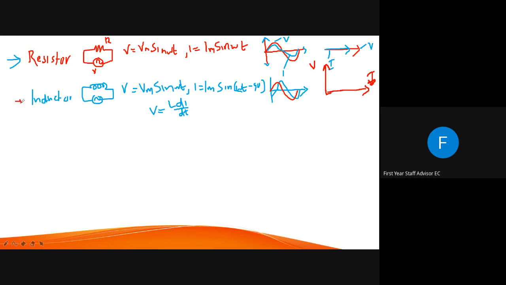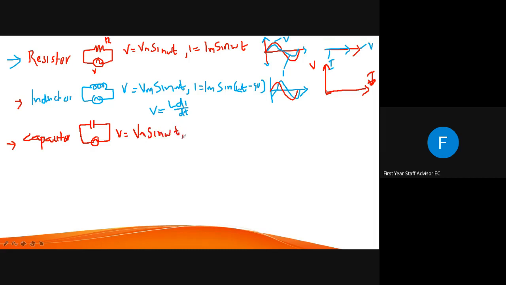After that, we have learned about the capacitor. If someone asks to write down the necessary equation and waveform for analysis of AC through a capacitor, you draw the circuit diagram. A pure capacitor is connected parallel to the AC source. There is no change in the voltage equation, Vm sin omega t, because that is the applied voltage.